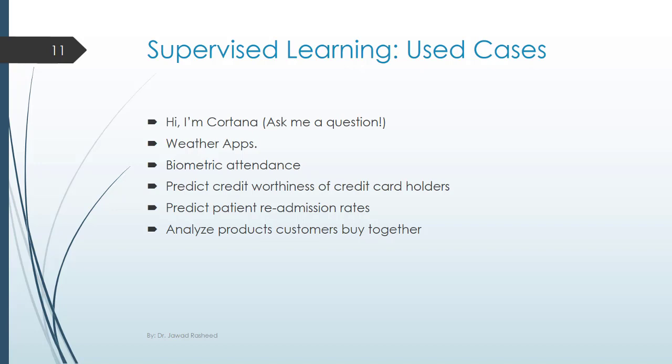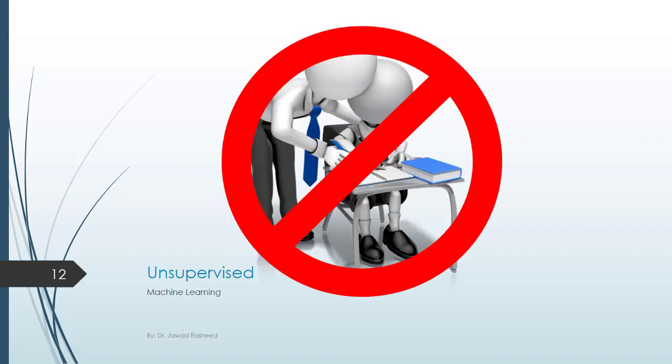Now let's learn about the next category of machine learning algorithms, and that is unsupervised machine learning. Mathematically, unsupervised learning is where you only have input data x and no corresponding output.